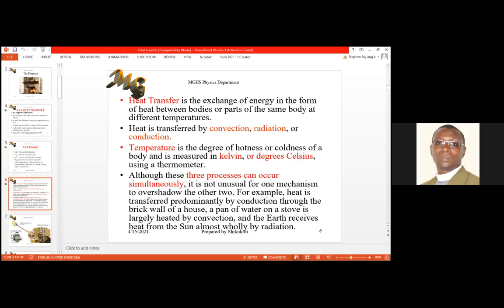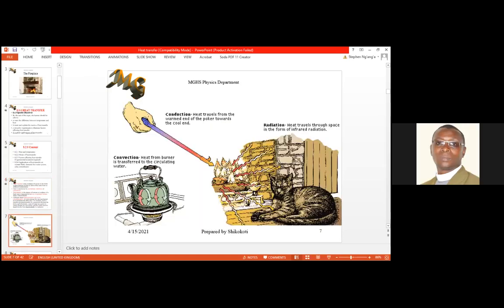Of course, we know heat is. What is heat? The form of energy that flows from a region of high temperature to a region of low temperature owing to a temperature difference. When you say high temperature to low temperature, then you don't need to say owing to a temperature difference, yeah?